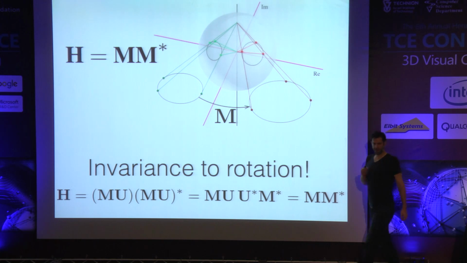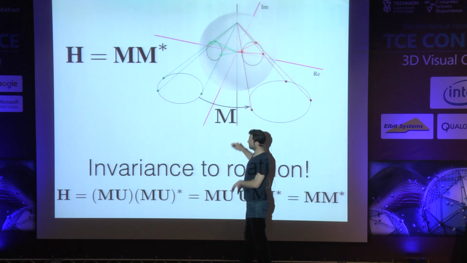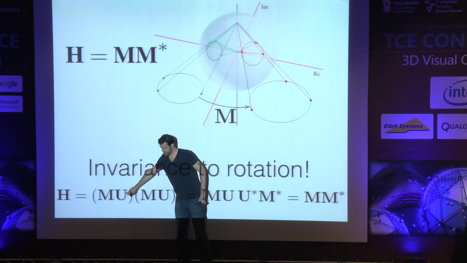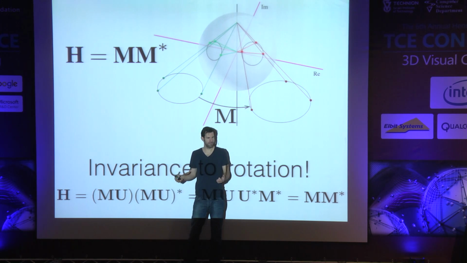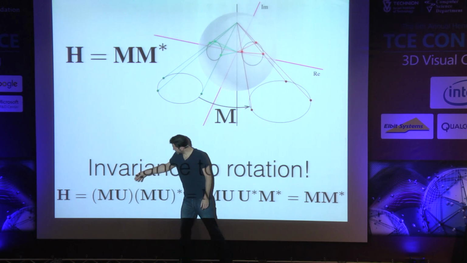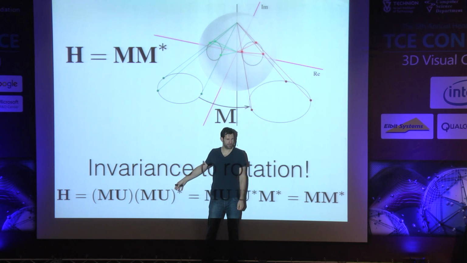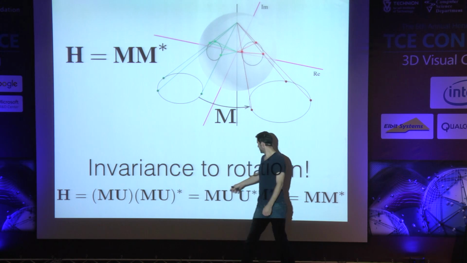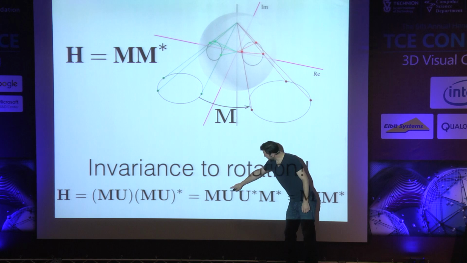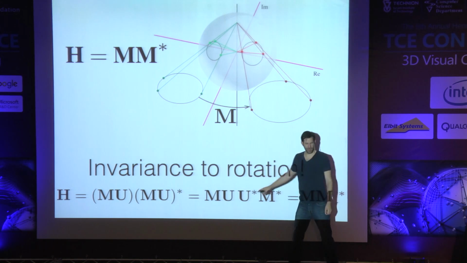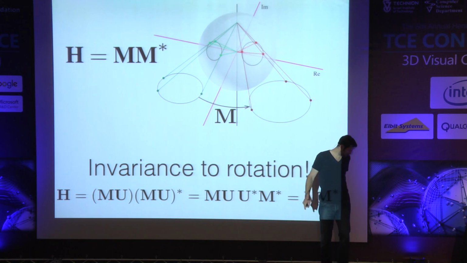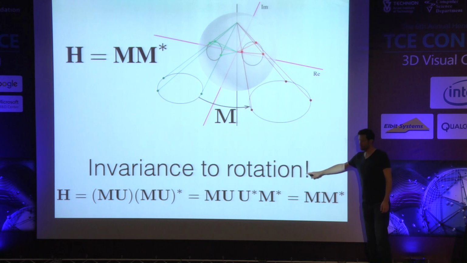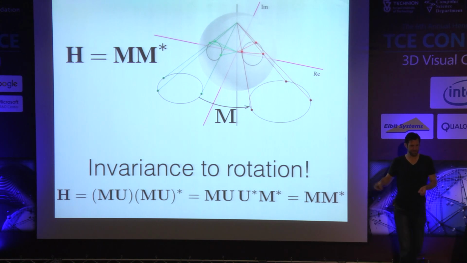Because if I compose my arbitrary transformation with a unitary transformation, a rotation, and I take this product with its conjugate transpose, I multiply out this U, now it appears here, and the unitary transformation goes away. Okay?